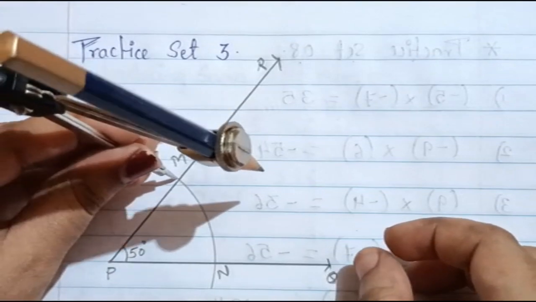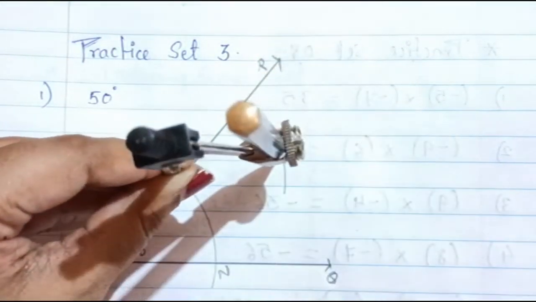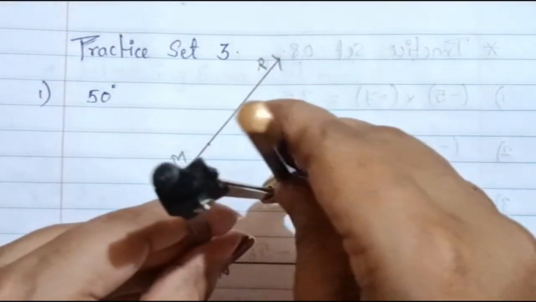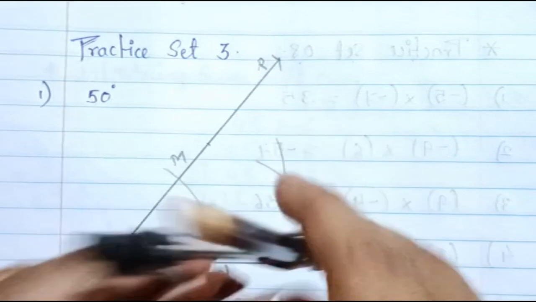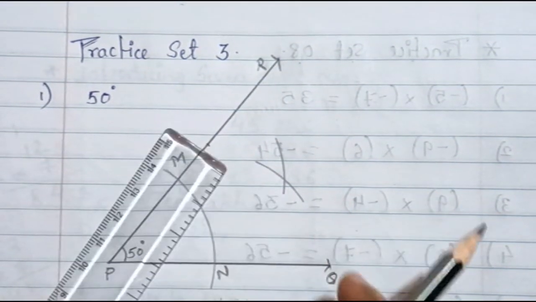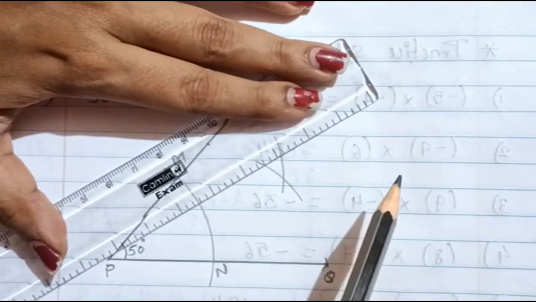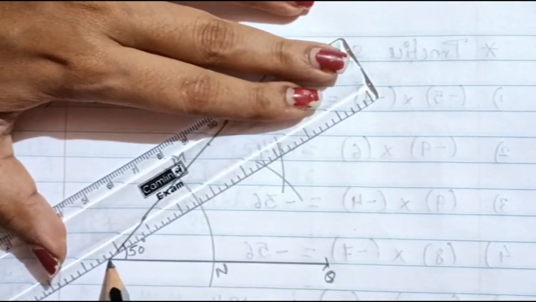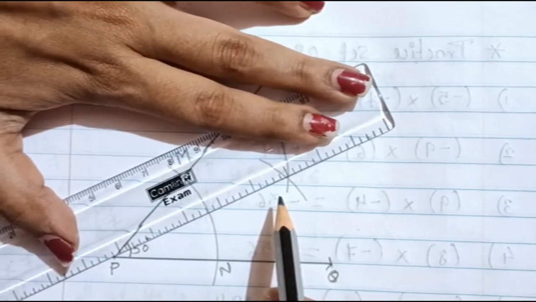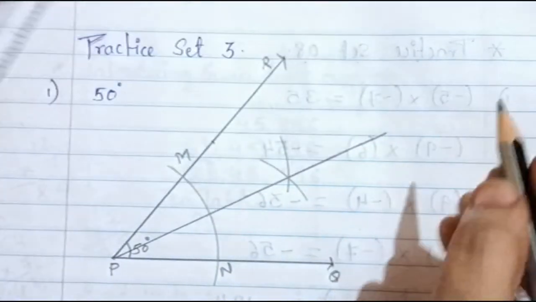From point M, you will draw another arc, and same distance रख के आपको N से क्या करना है? Next arc you will draw. See, the intersection arc is being done, and then I will draw a line starting from point P, passing through the intersection.